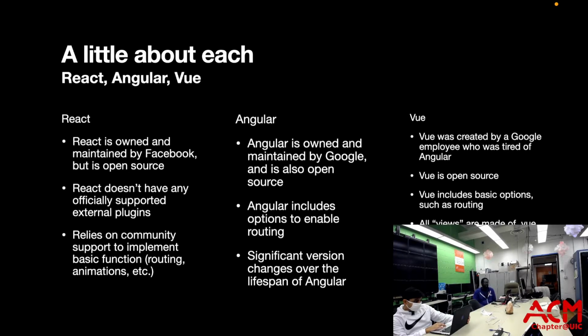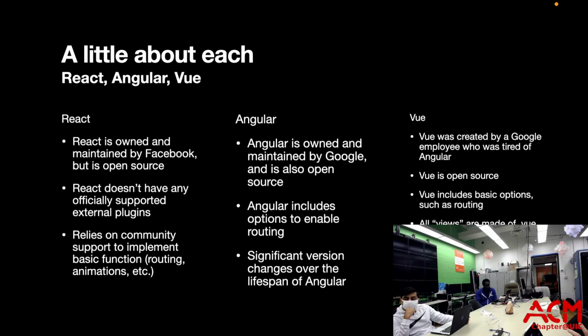Angular has seen a lot of changes over its lifespan. Whenever I refer to Angular, I refer to Angular 2 and above. The Angular version that the projects are made out of is Angular version 8. But a lot of people will confuse this: there is AngularJS and there's Angular.